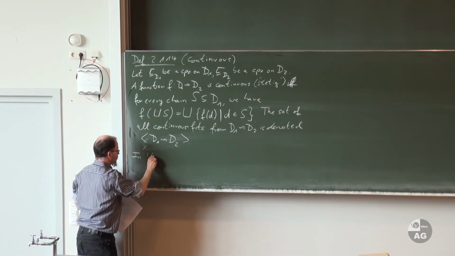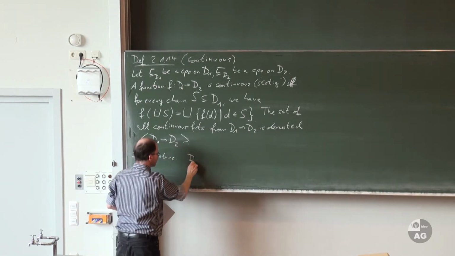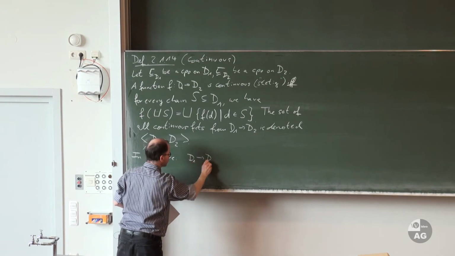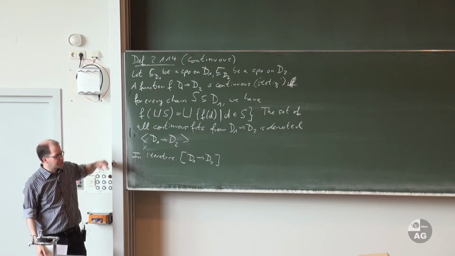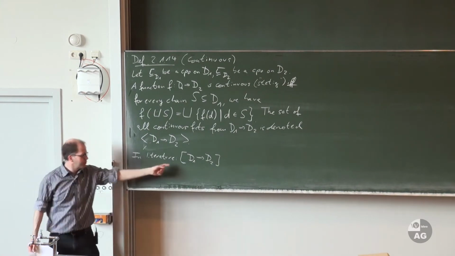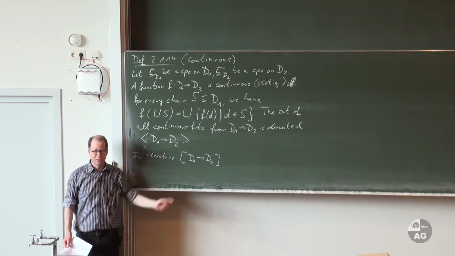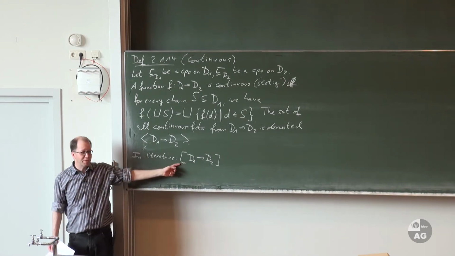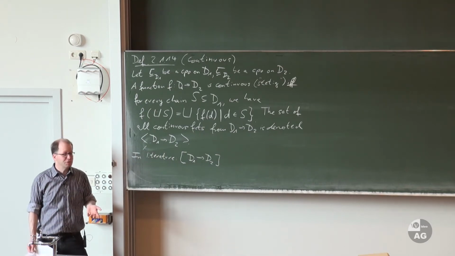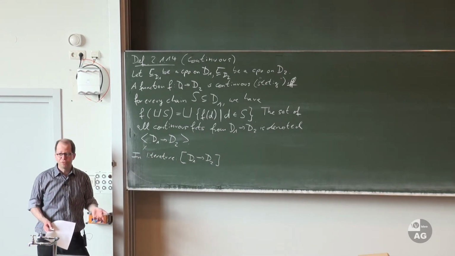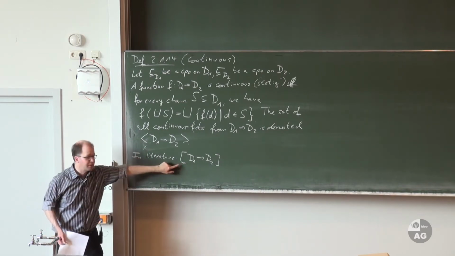So if you look into books, then typically this is not denoted with angle brackets, but with square brackets. But in the lecture, we will use this notation instead, because this could be confused with the list of functions from d1 to d2. I mean, in Haskell, we use square brackets for lists, and this has nothing to do with lists. This is just the set of continuous functions. And so to avoid this confusion with Haskell notation, I will use angle brackets, but if you look into books, you will find square brackets.